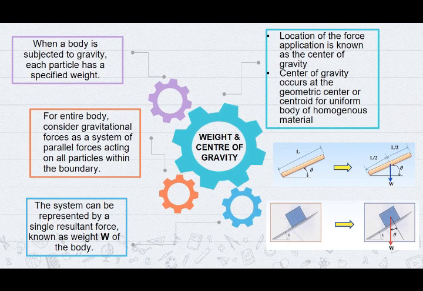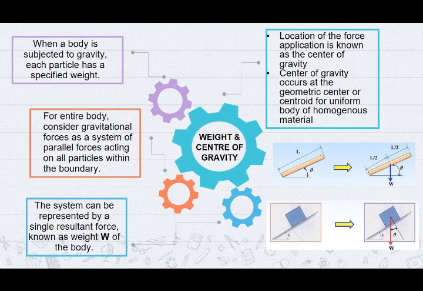When a body is subjected to gravity, each particle has a specific weight. For the entire body, consider gravitational forces as a system of parallel forces acting on all particles within the boundary. The system can be represented by a single resultant force known as weight W of the body.